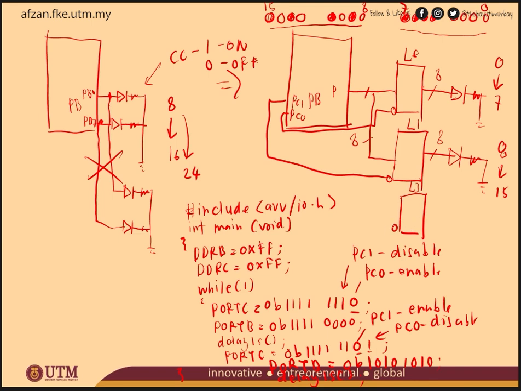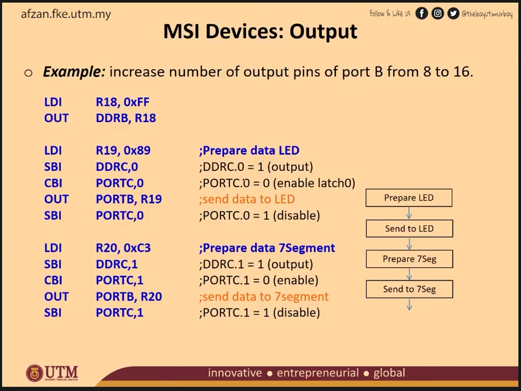This one goes to your PC2 control input, and this one is connected to another 8 LEDs. If you are going to increase to 32, how many latches do you need? 4 latches. It depends on the number of outputs that you want.